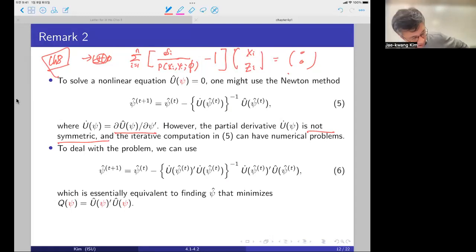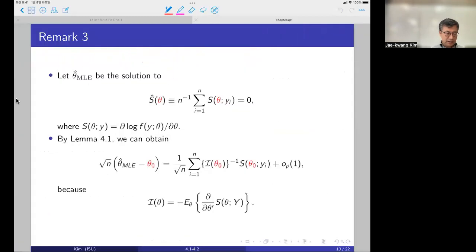Okay. So quadratic optimization is better in terms of numerical performance. Another comment, for the score function, yeah.